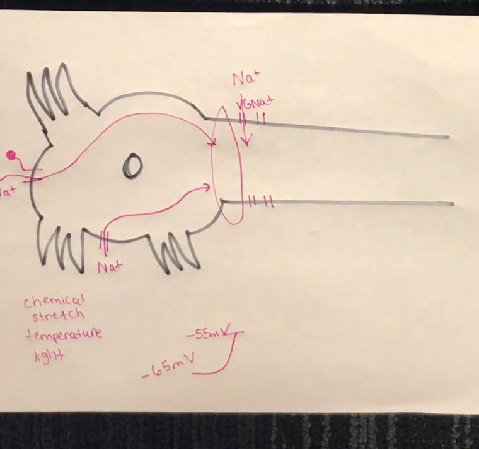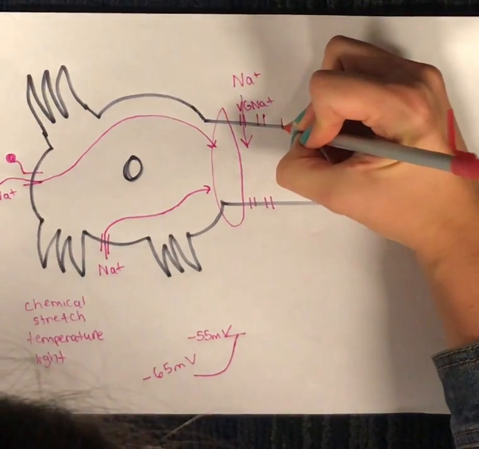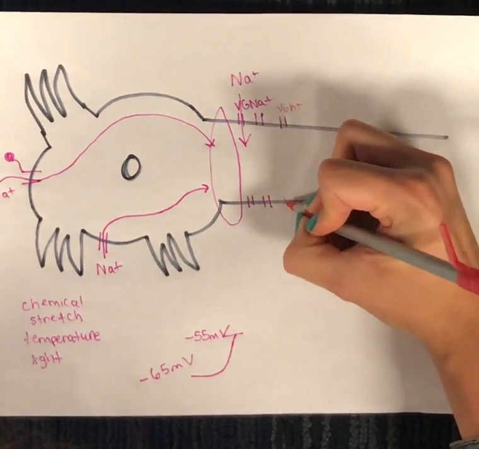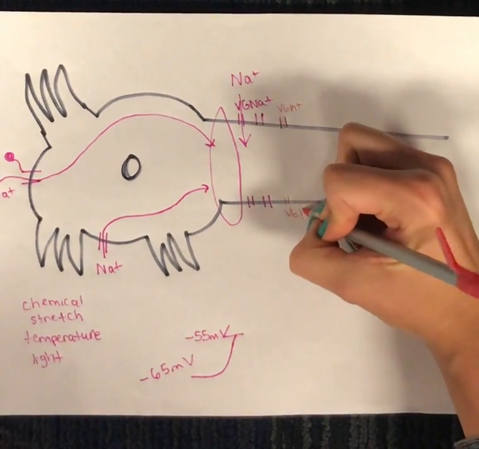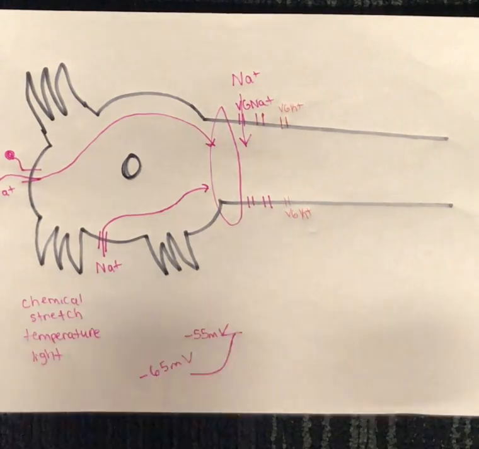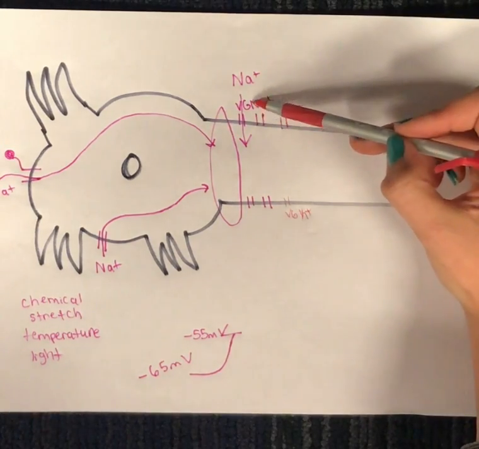It is also important to note that at negative 55 millivolts, there are also voltage-gated potassium channels that start to open. However, this happens very, very slowly because these channels open significantly slower than the sodium channels.